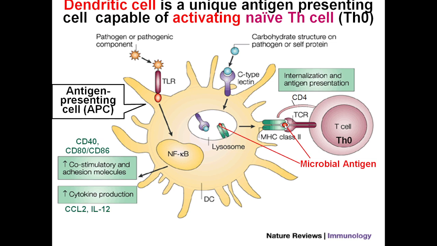To confirm the legitimate character of this antigenic stimulation of the T helper cell, the CD4 receptor of the T helper cell binds to the MHC2 molecule of the antigen presenting cell, and in this way allows reaction of the T helper cell to the recognizing of the antigen by the T helper cell.